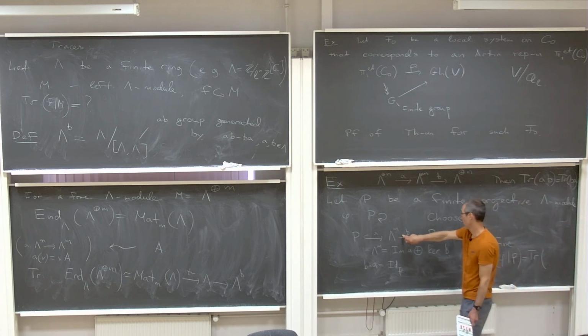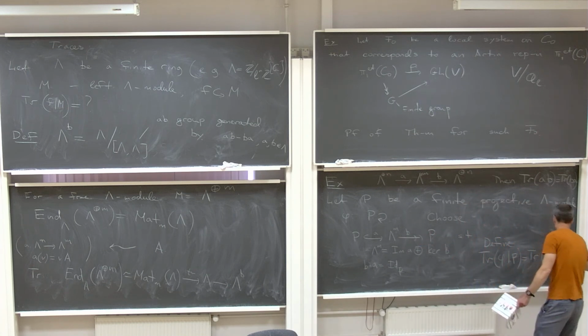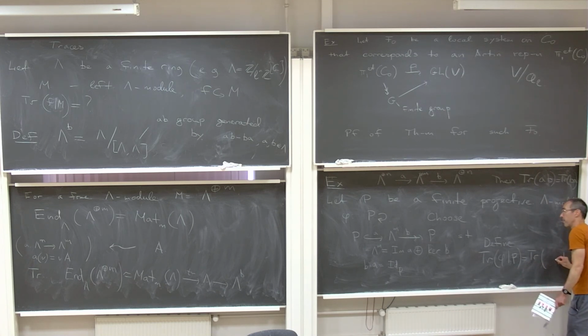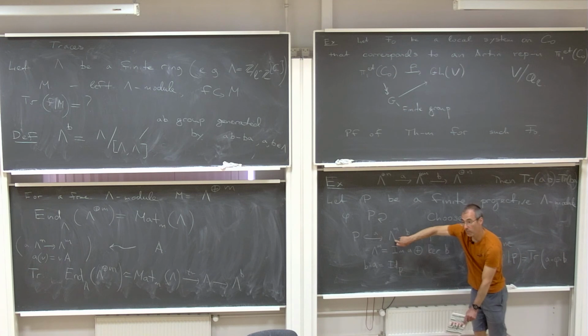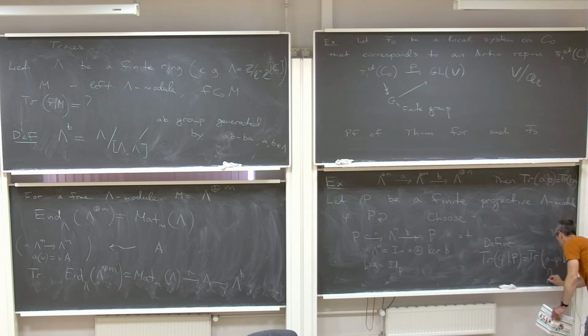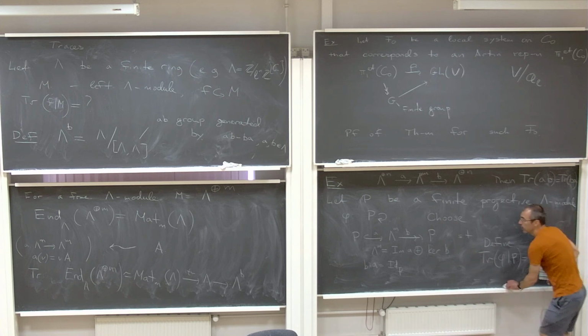You take first B, you compose it with phi, and then compose it with A. So what is written here is an endomorphism of this module. And my trace is an element in this ring, in this zero Hochschild homology. Right?